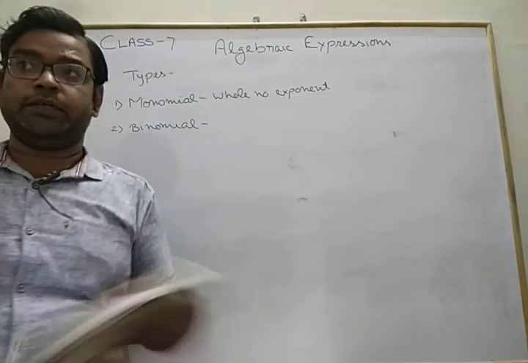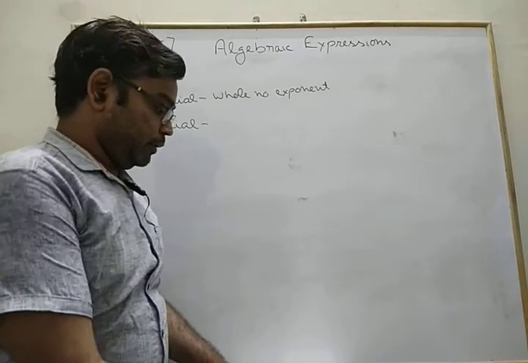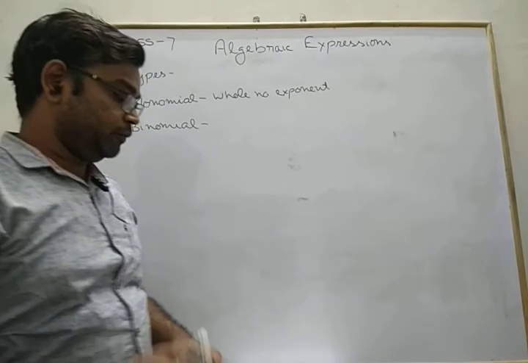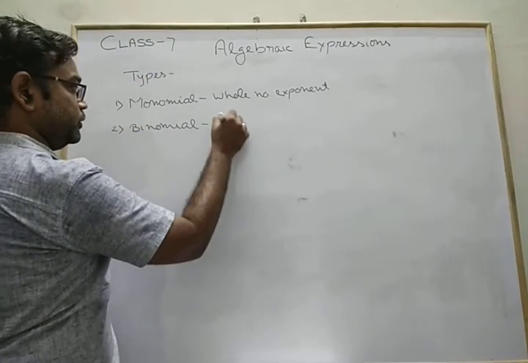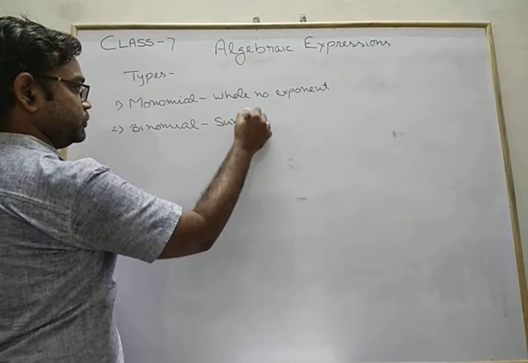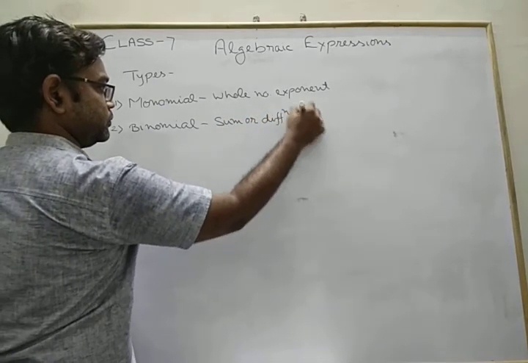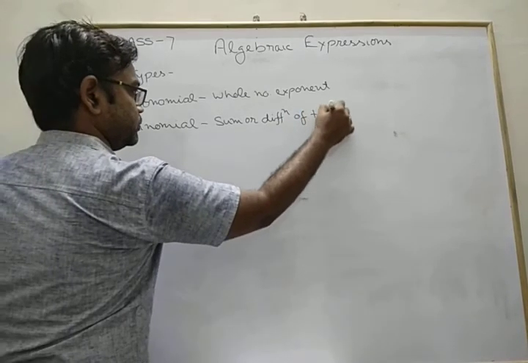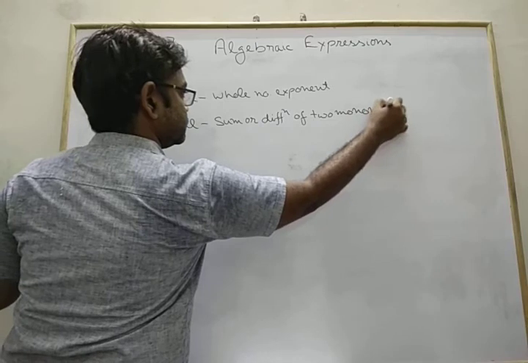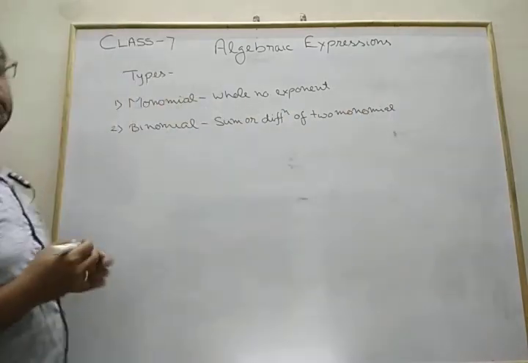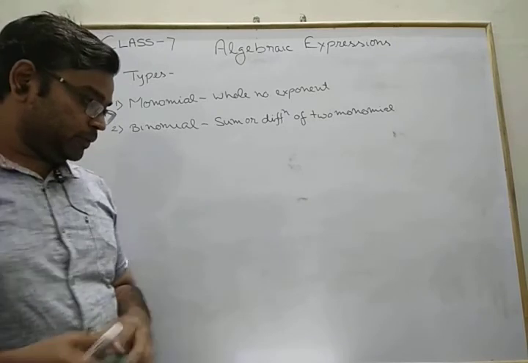In your book it is given that a binomial is a sum or difference of two monomials. That's why I said the rest is the same.